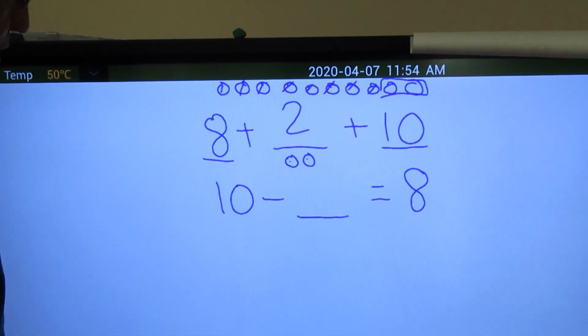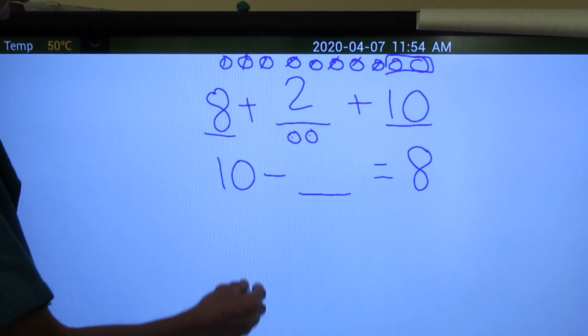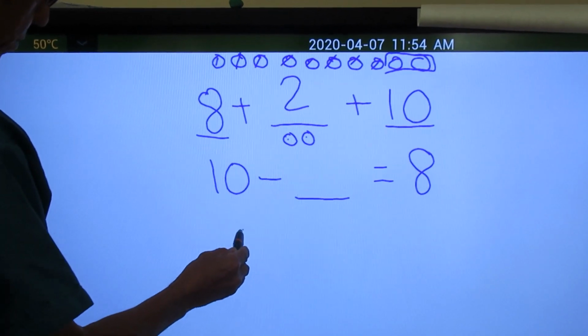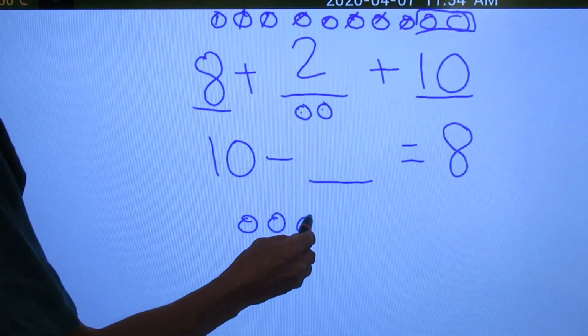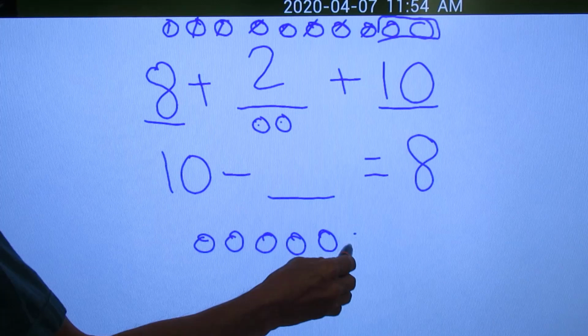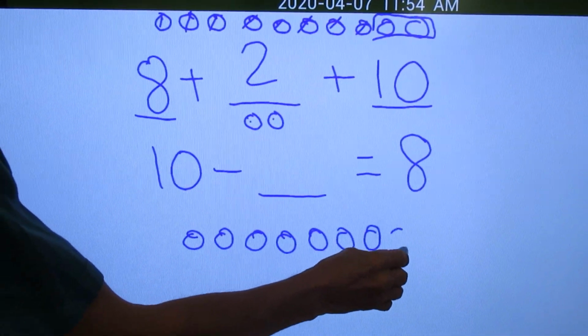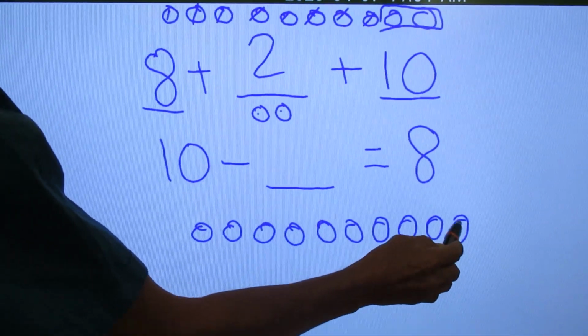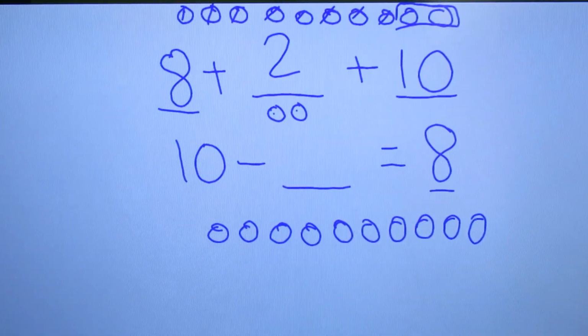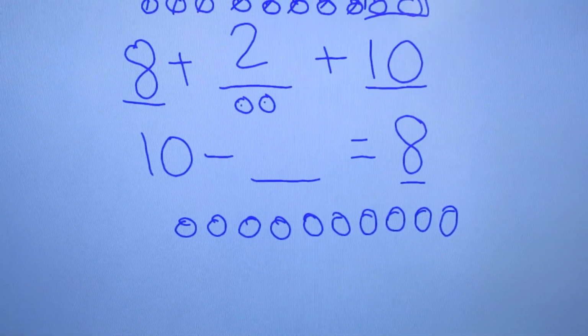In subtraction, there's also many ways. I have 10. 1, 2, 3, 4, 5, 6, 7, 8, 9, 10. And I want to take a number so I'll only have 8.